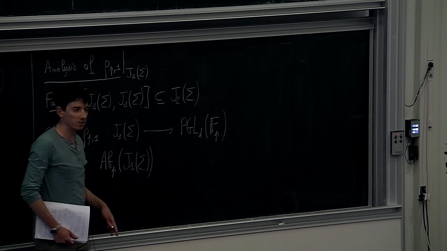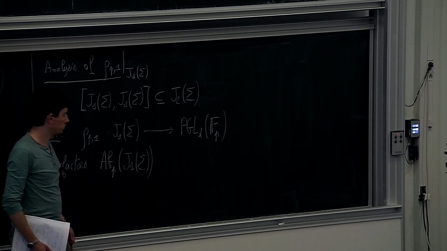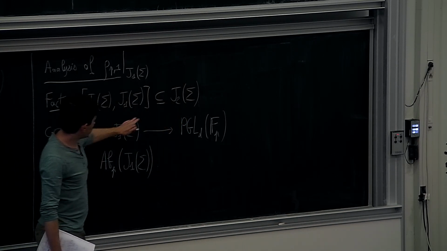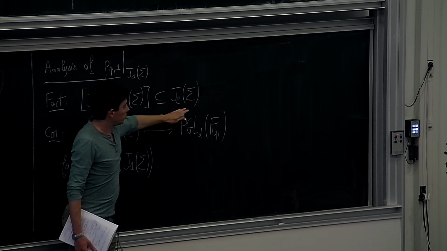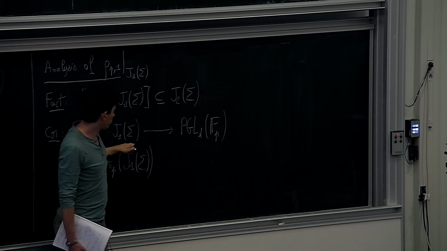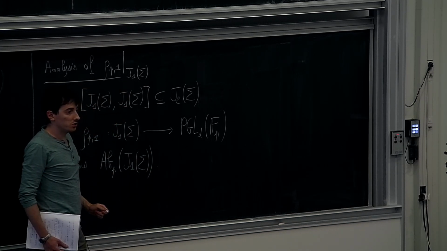Here it means I take the abelianization and I also quotient by p-th powers. We know that the commutator subgroup is in the kernel of this map, so it factors at least through the abelianization.